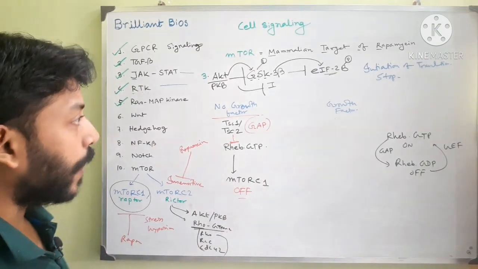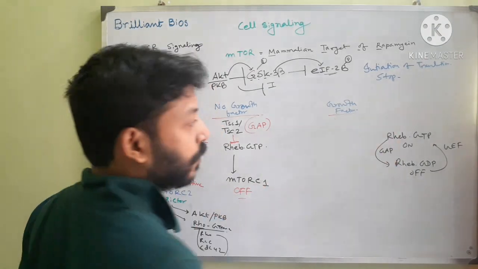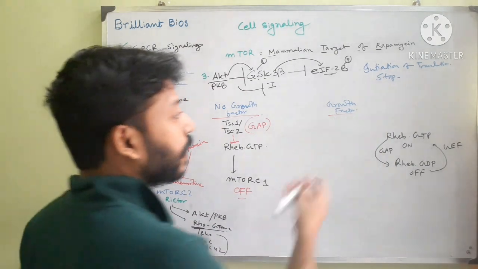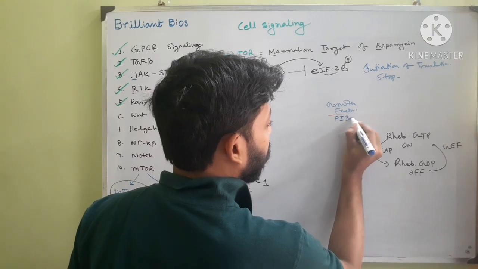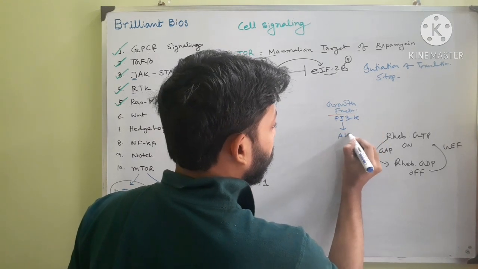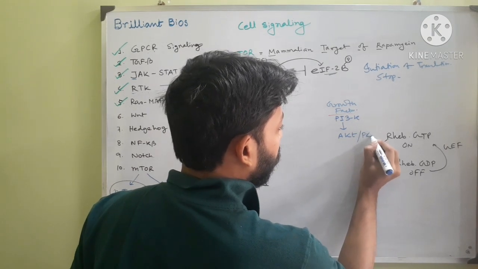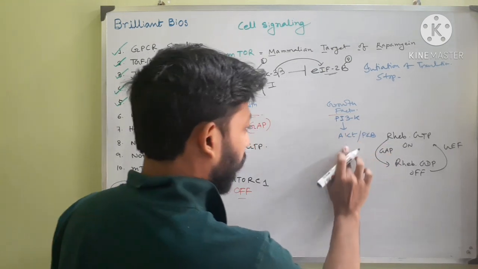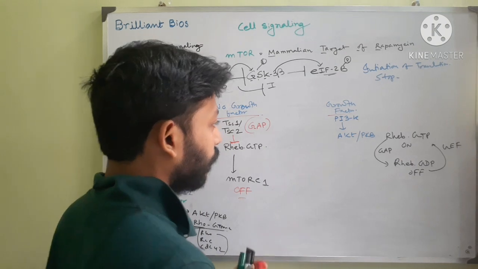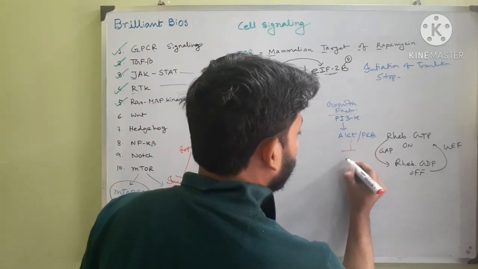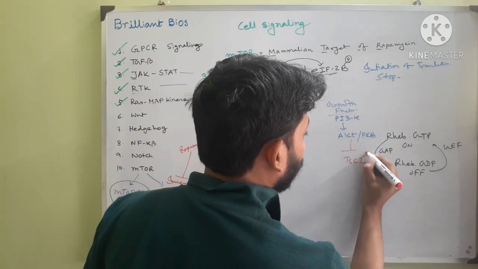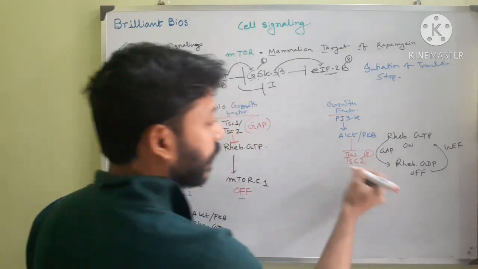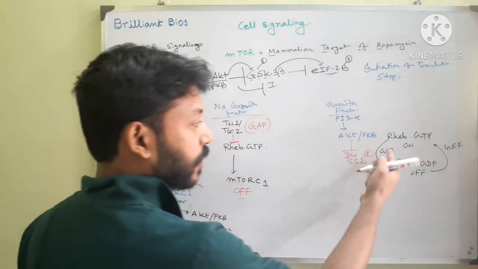Okay, but when there is growth factor, what happens? I have mentioned the signaling mechanism: Pi3K gets activated, Pi3K activates AKT, or you can say PKB, and then this protein phosphorylates. I want to mention here in this red color, they prevent the functioning of TSC2 by phosphorylating this protein. TSC1 is also present, associated with this protein, but TSC2 is important because TSC2 gets phosphorylated.